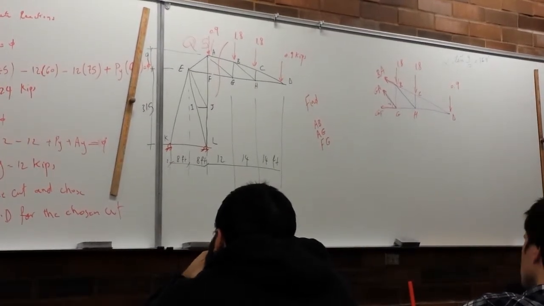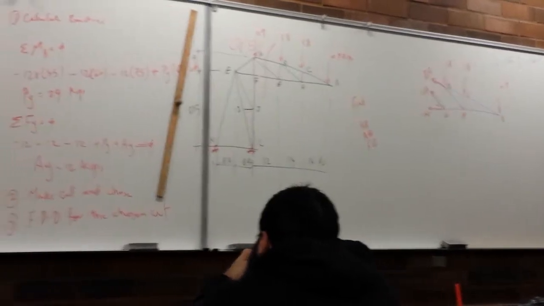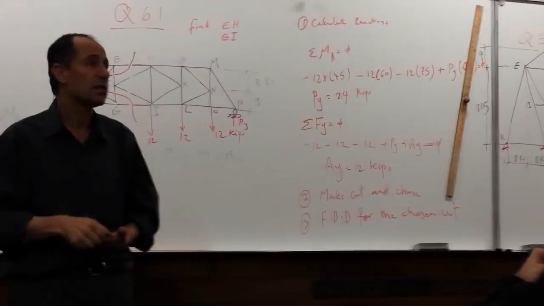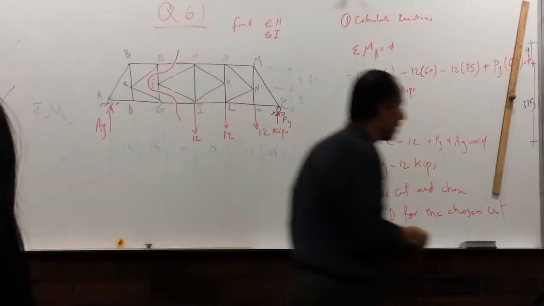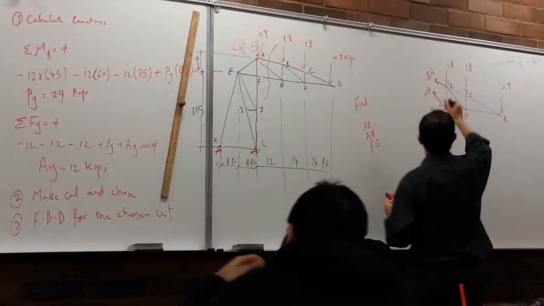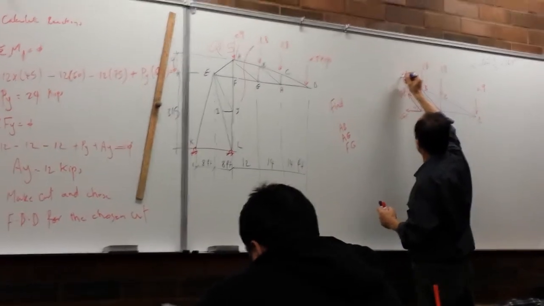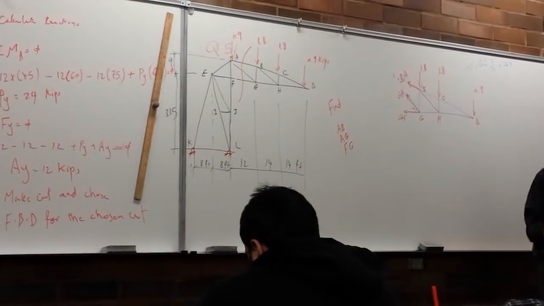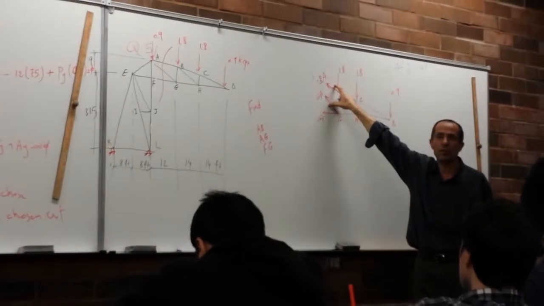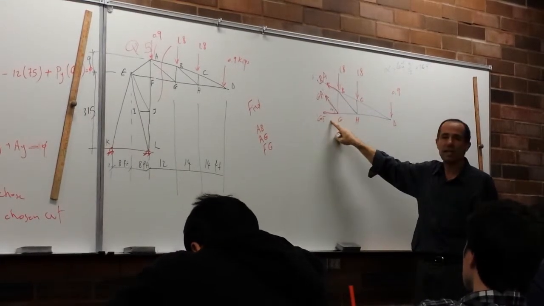Okay, let's say what to start with. We said either what? Sum of the moment at A, because here is A. These are going here to meet here at point A. Sum of moment at A is going to get rid of these two forces, agree? And I get GF.